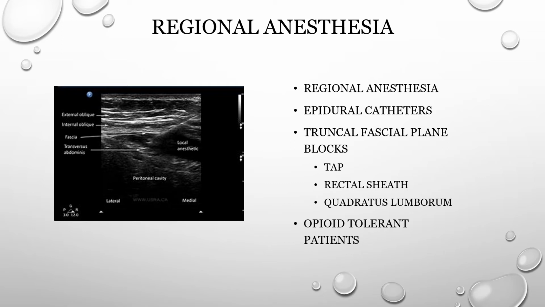Recent studies of TAP blocks with liposomal bupivacaine for robotic-assisted hysterectomies and colorectal surgery showed lower pain scores and decreased postoperative opioid requirements in the first 72 and 36 hours, respectively. Additionally, regional anesthetic techniques are quite useful for opioid-tolerant patients who have poorly controlled postoperative pain.